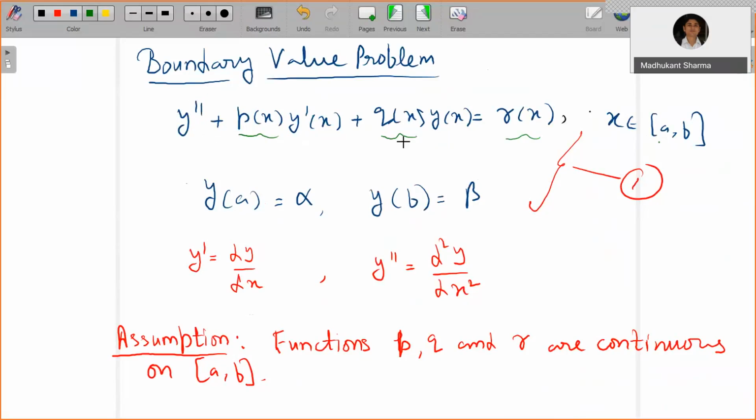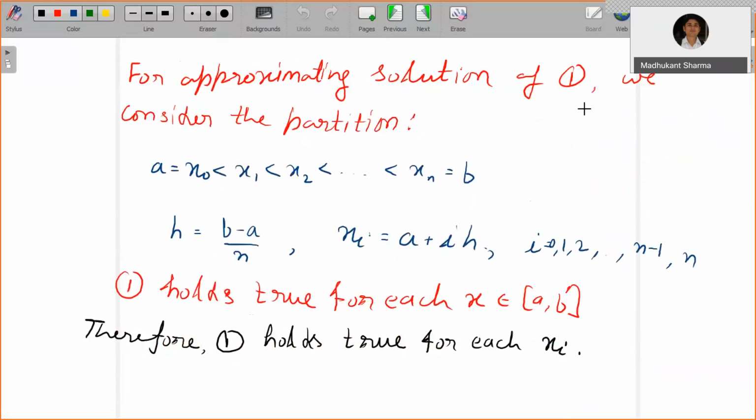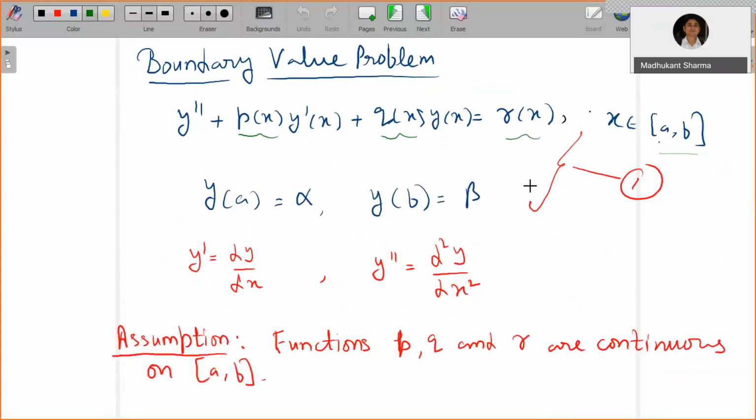For doing all this, first we consider a uniform partition of the closed interval a b, meaning we divide this interval into n subintervals, where the length of each subinterval is h. Right, fine. So for approximating the solution of the equation, we consider the following uniform partition. Now, since the equation holds true for each x in the interval a to b, this is true for each x_i.